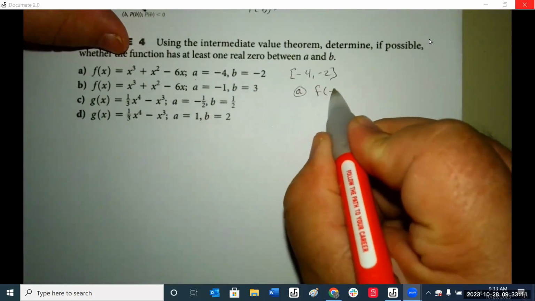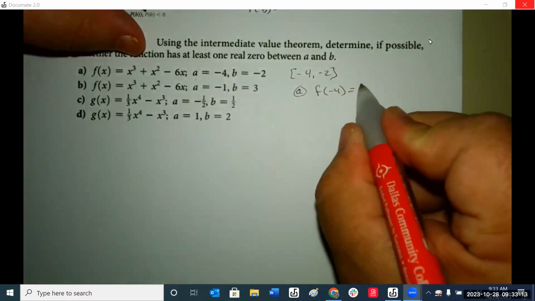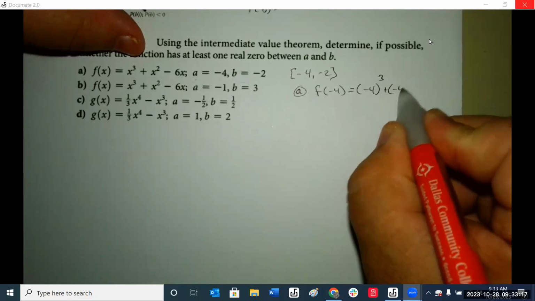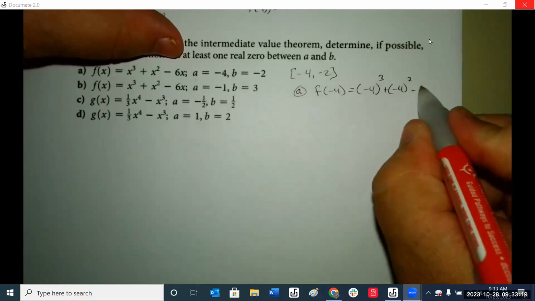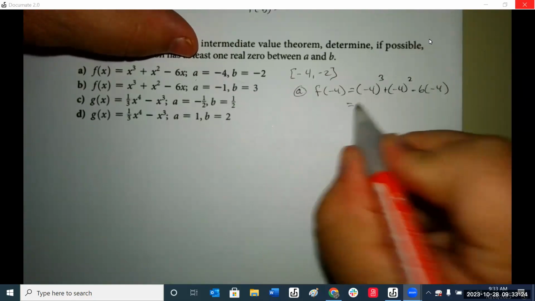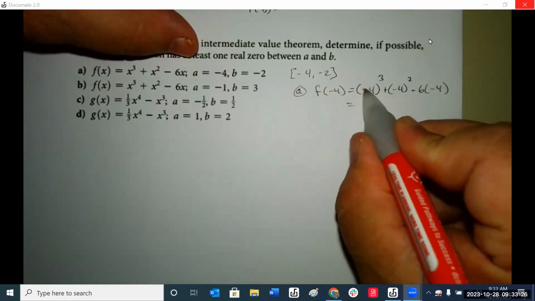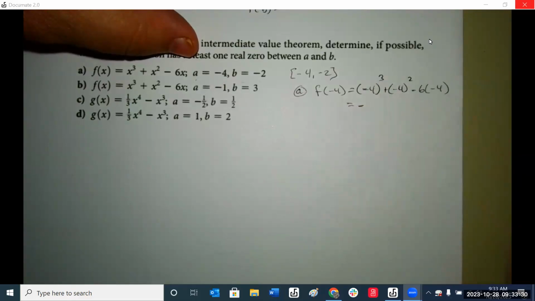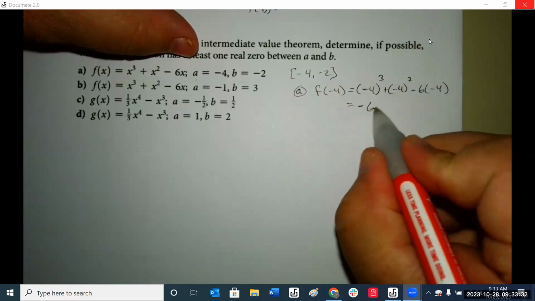So we do -4, plug it in there. So it's -4 cubed plus -4 squared minus 6 times -4. Negative in a cube, it's negative. 4 to the third power is 4 times 4 is 16, 16 times 4 is 64.